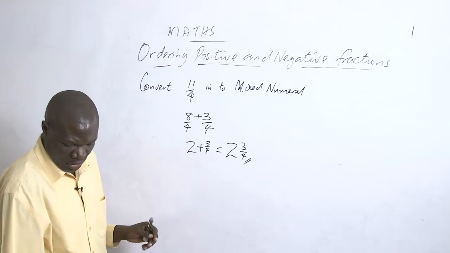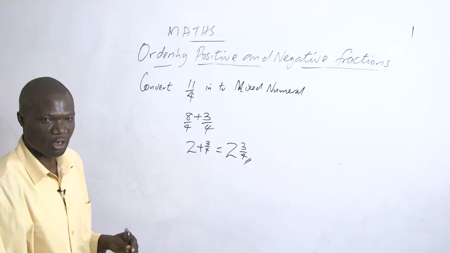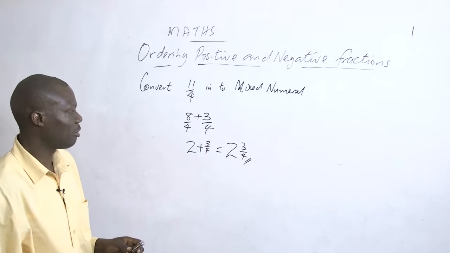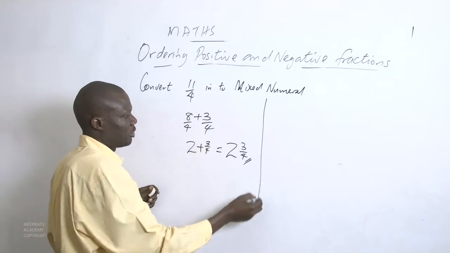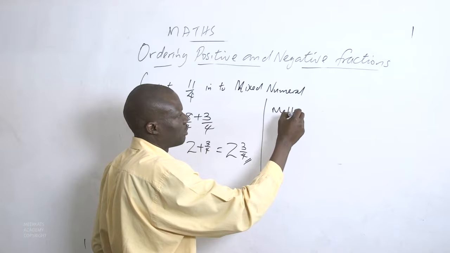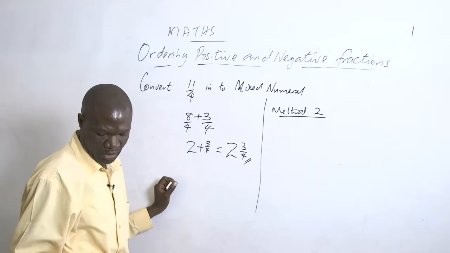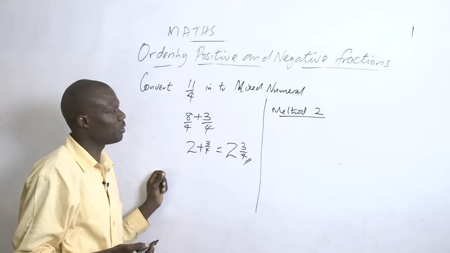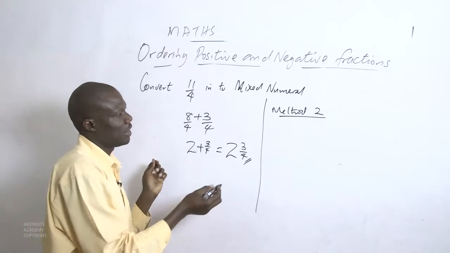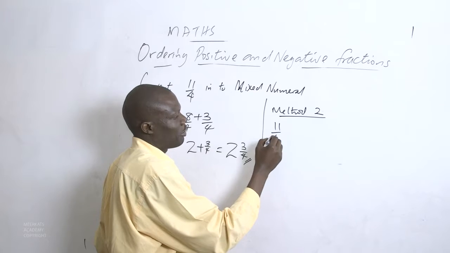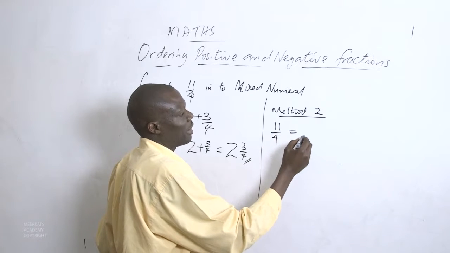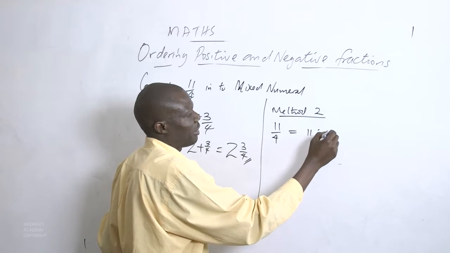Now, if we don't want to use that particular method, then we can opt for method 2. And in method 2, it is very simple. Just take it easily that 11 over 4 is the same as 11 divided by 4.